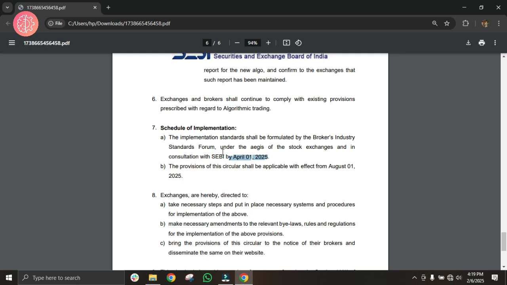The implementation of these rules should happen from the 1st of August 2025. So there is a large window given for all algo platforms, brokers, and exchange members to implement all of these rules gradually into the system.